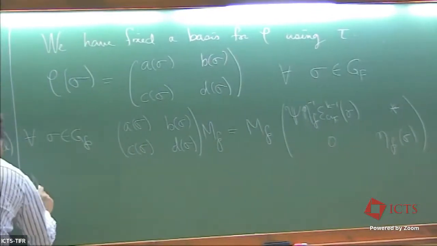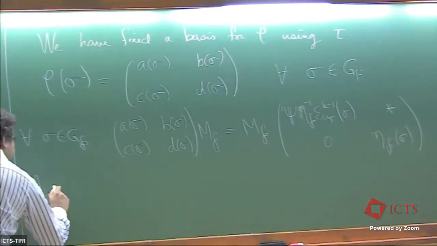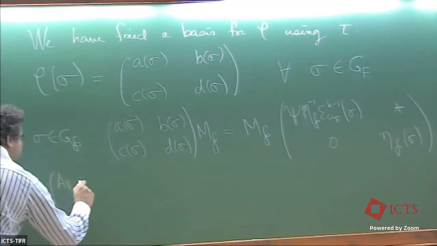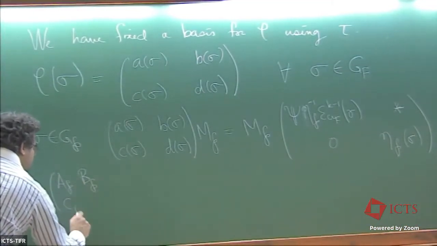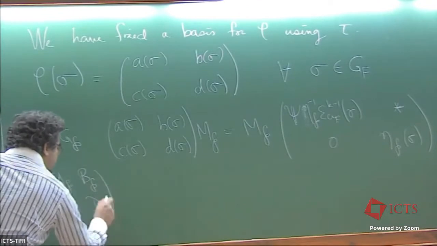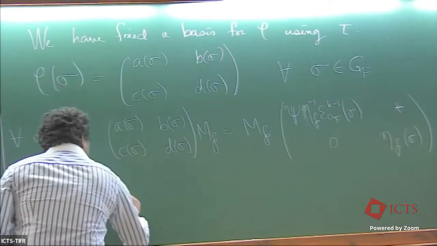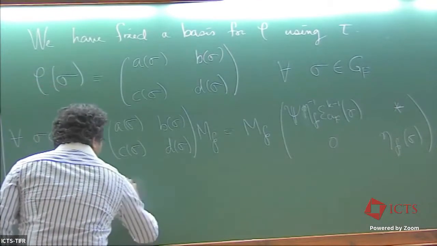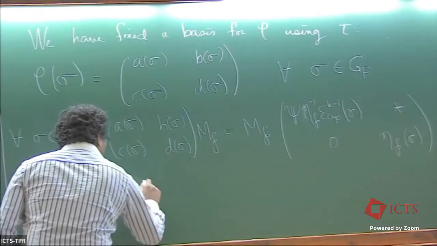So what is this M_P? This is just some change of basis matrix, A_P, B_P, C_P, and D_P, in GL2 of K.